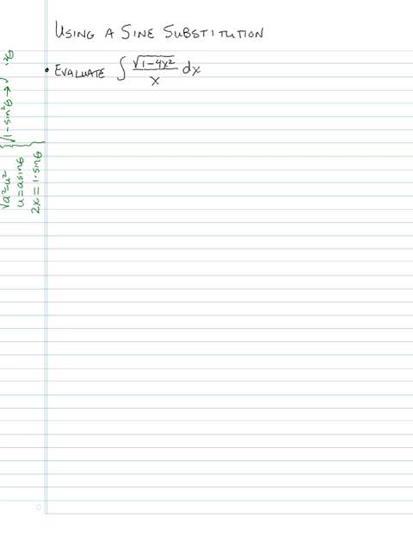We could just say, what does x need to be substituted with? When we square it and multiply it by 4, we get a 1. That matches that first term. And x would have to be 1/2 sine theta, because when we square 1/2 sine theta, we get 1/4 sine squared theta, and 4 times 1/4 is 1.